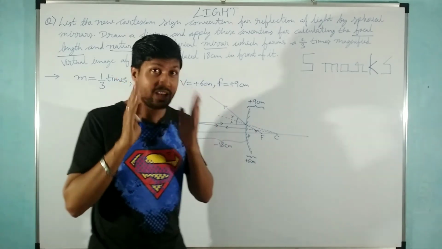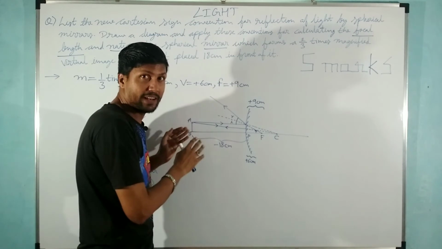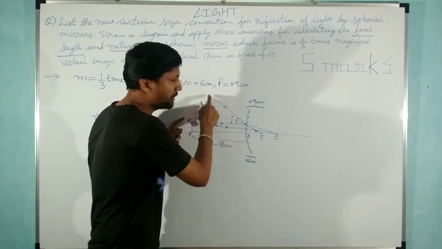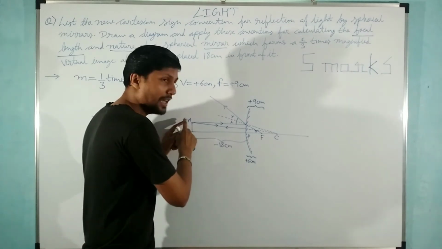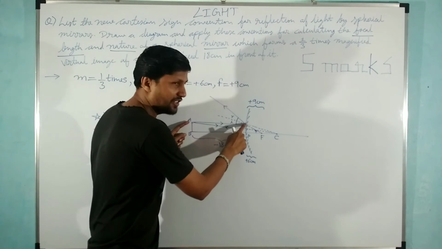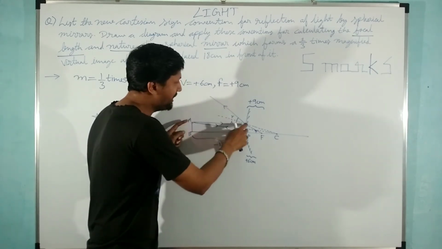Now listen to me very carefully, dear friends. See, what do we say actually in reflection? Any incident ray parallel to the principal axis after reflection passes through the focus. But in this case, you are seeing this incident ray is parallel to the principal axis, but after reflection, it is getting diverted in the opposite direction, you can see.